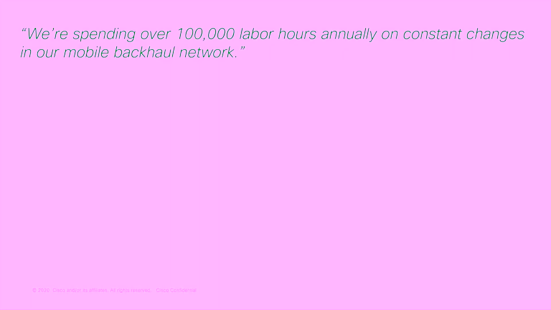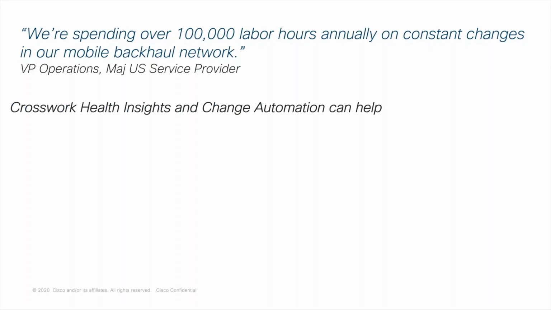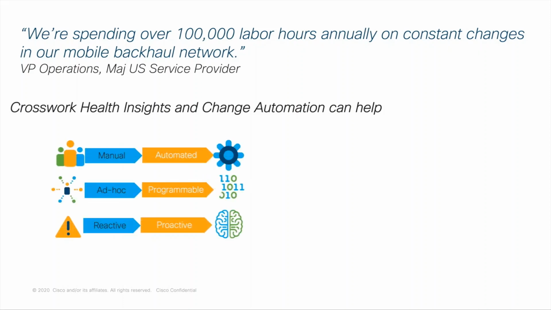This is a quote from the VP of operations of a major service provider. He says there are around 100,000 labor hours annually spent on constant changes that are required in their mobile backhaul network. With our applications, Crosswork Health Insights and Change Automation, we can change the tasks from manual to automated, from ad hoc to programmable, and from reactive to proactive monitoring methods.